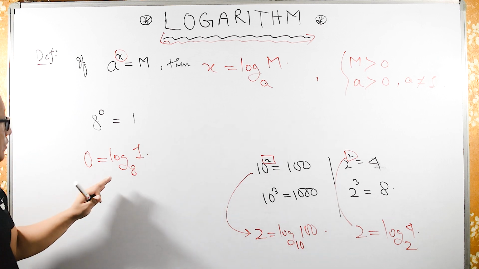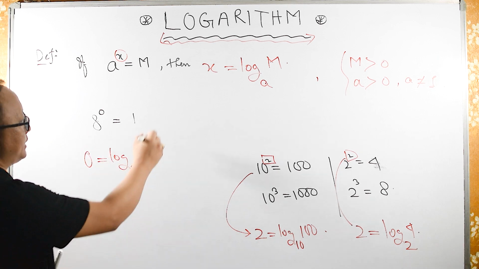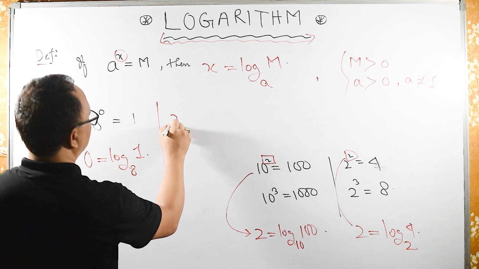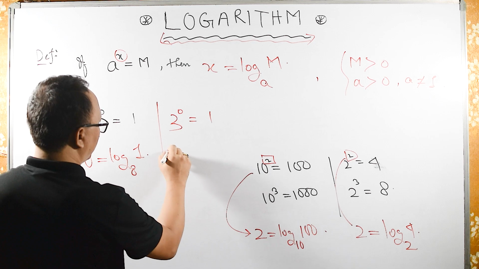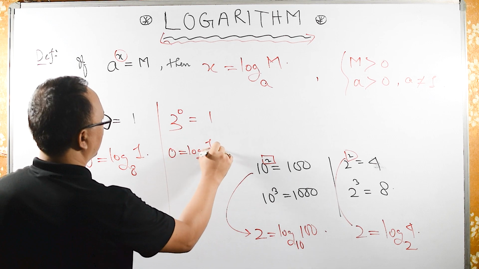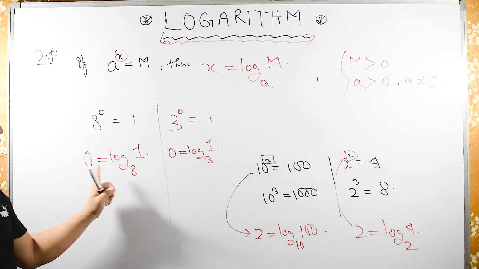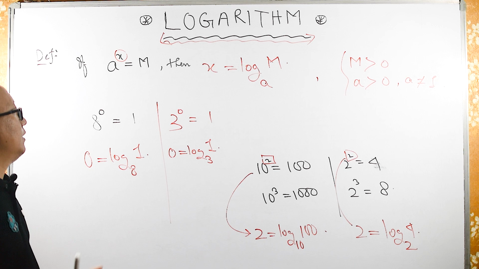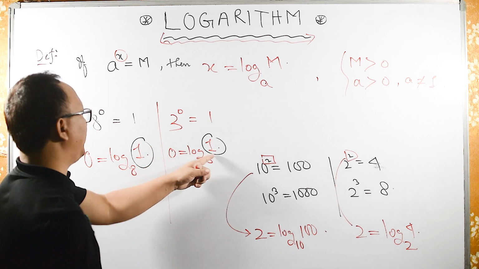So log of 1 to the base of anything is 0, or you can consider 3 raised to 0 is always 1. Similarly, 0 is equal to log of, this 3 will go down, 1 over here. Log 1 to the base 3 is 0. Log 1 to the base 8 is also 0. So log of 1 to the base anything is always 0.